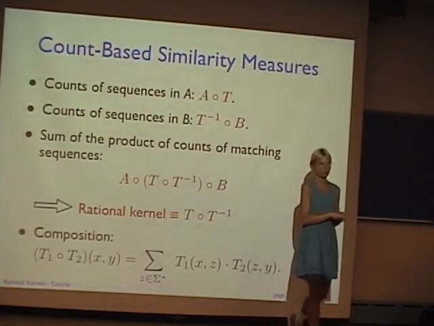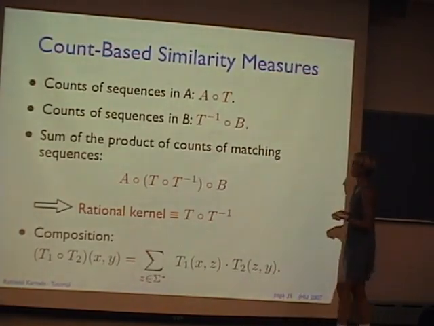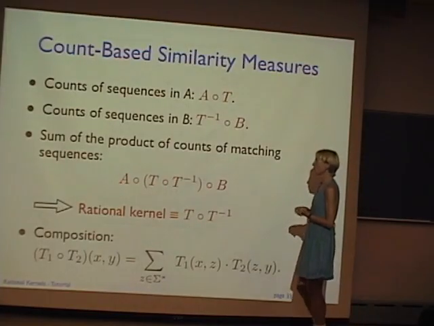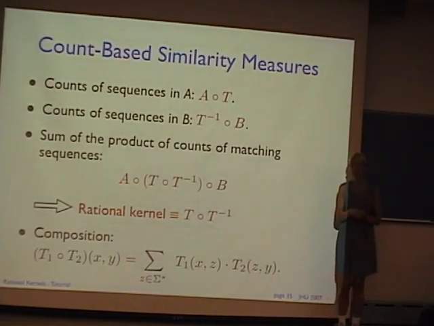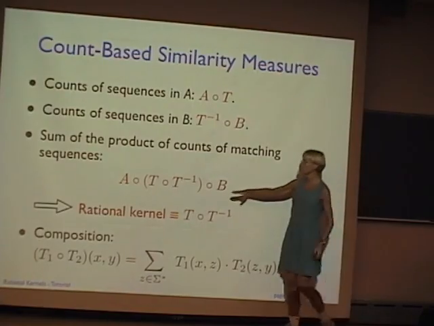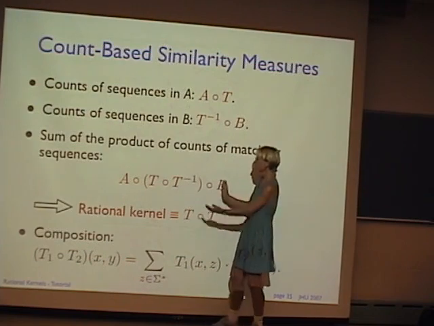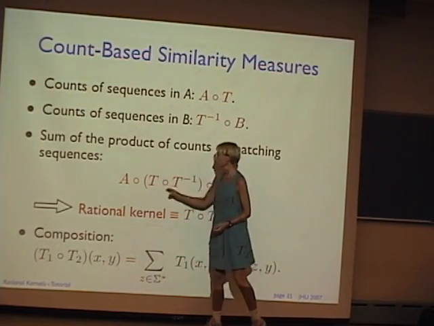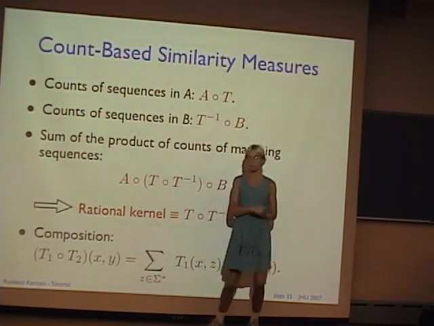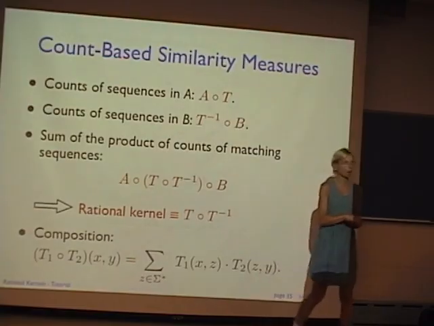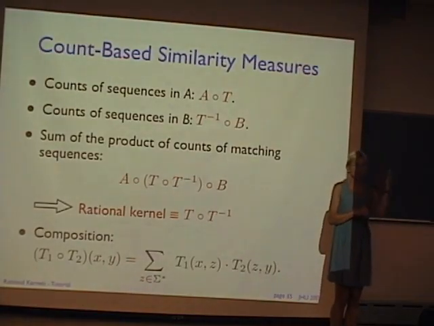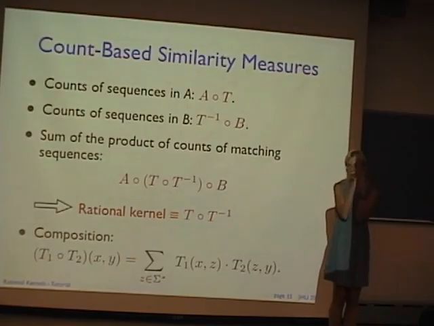It's called the inverse of the transducer. So now if we want to compute the sum of the products of the similar bigrams in A and B, we just have to compose A with T, T minus 1 with B, and then compose the whole thing together, composing 2 transducers with each other also by matching up the paths where the output of the T transducer matches the input of T minus 1.